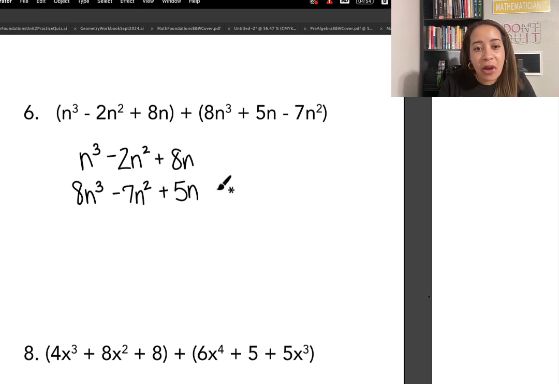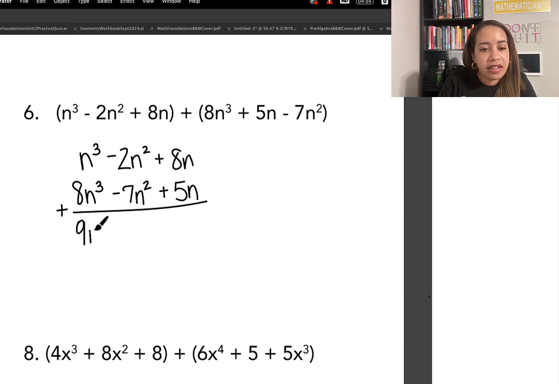Now I've stacked up all of the pieces that look alike, and I can add these up straight up and down. I do not see a number in front of my n to the third power, so it's an invisible 1. 1 plus 8 gives us 9. Next, I've got negative 2 plus negative 7.